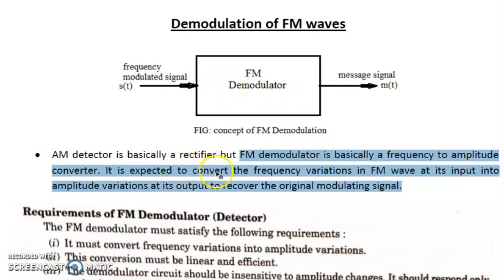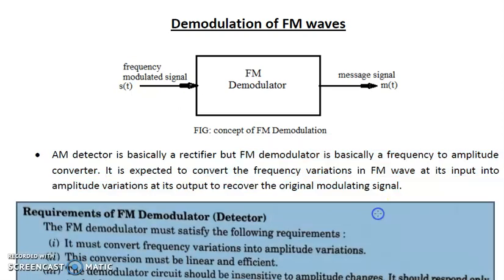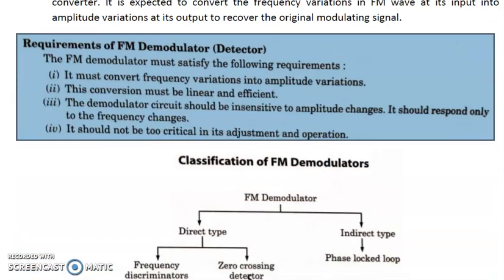It is expected to convert the frequency variation in the FM wave at its input into amplitude variation at its output, to recover the original modulating signal. Now what are the requirements of an FM demodulator? The very first is that the demodulator must convert frequency variations into amplitude variations.